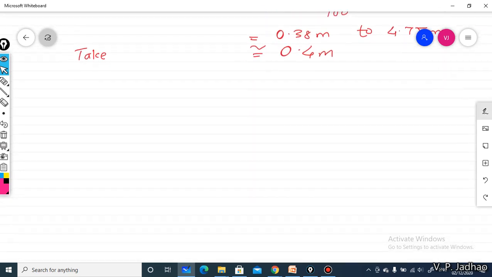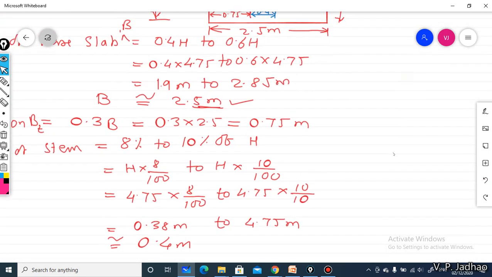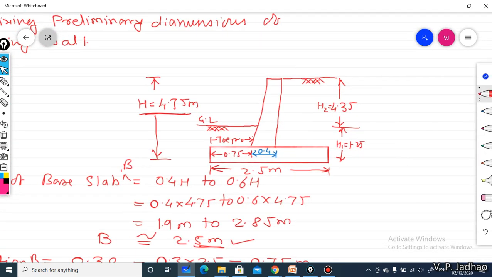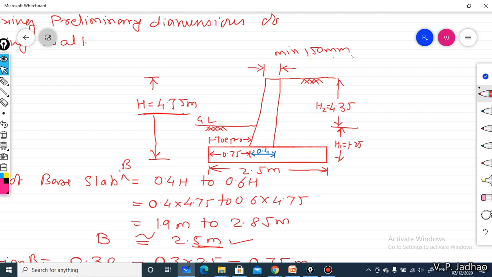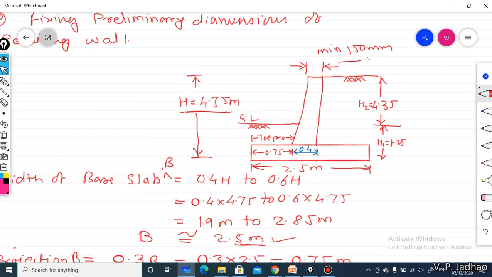Now we have to fix the top width of your stem, this value. This top width should be minimum 150 mm. So let us take this value as 200 mm.